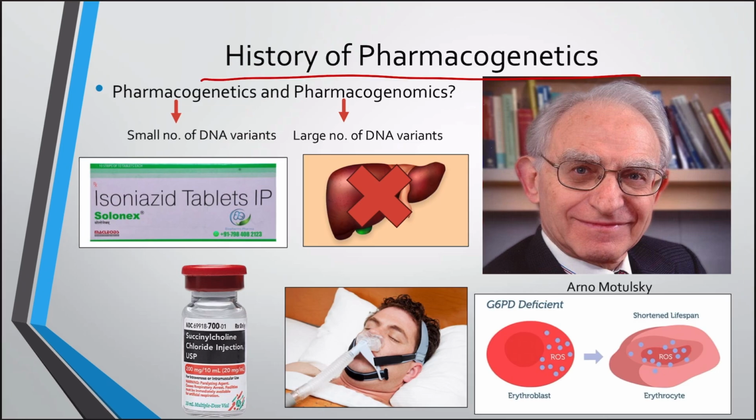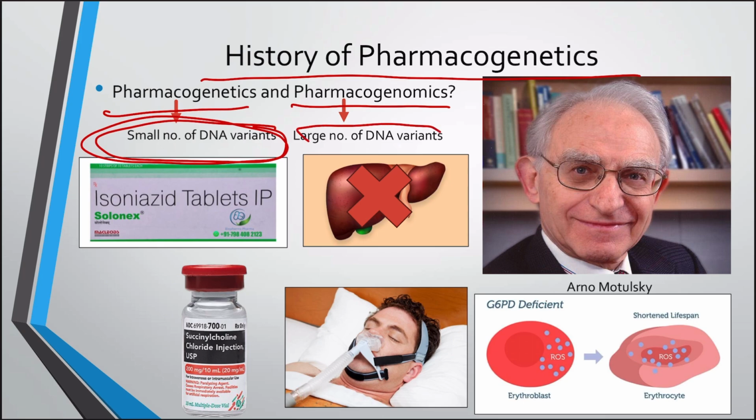Before we go into the history of pharmacogenetics, let's first discuss the definition of pharmacogenetics and pharmacogenomics. Pharmacogenetics is the study of the genetic basis for variation in drug response and often implies large effects or a small number of DNA variants. Pharmacogenomics, on the other hand, studies large numbers of variants in an individual or across a population to explain the genetic influences of drug response.